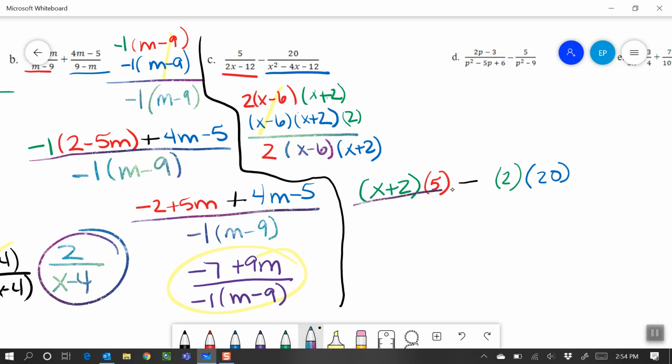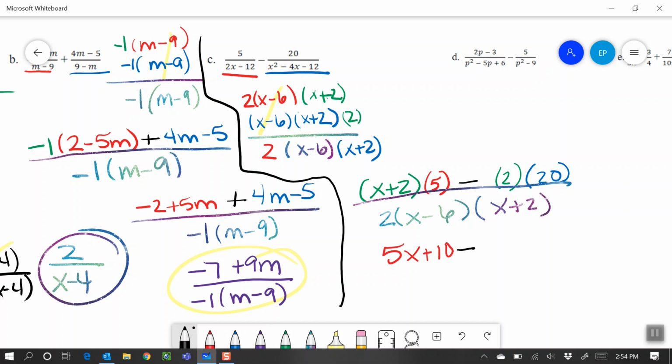And that's all going to be divisible by my common denominator of 2 times x minus 6 times x plus 2. And I like to keep things broken up because if I can cancel things out, I like to be able to see that. So simplifying the left side, 5x plus 10 minus, that's going to come out to be 40. And that's all divisible by my denominator of 2 times x minus 6, x plus 2.